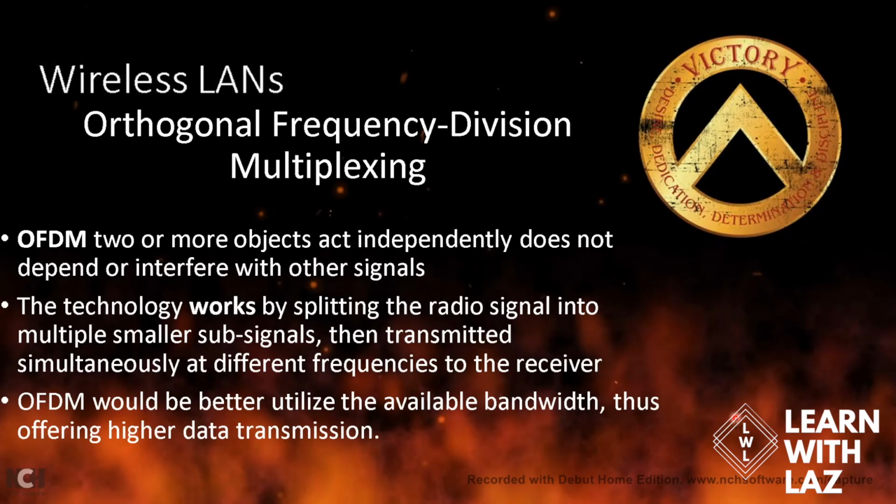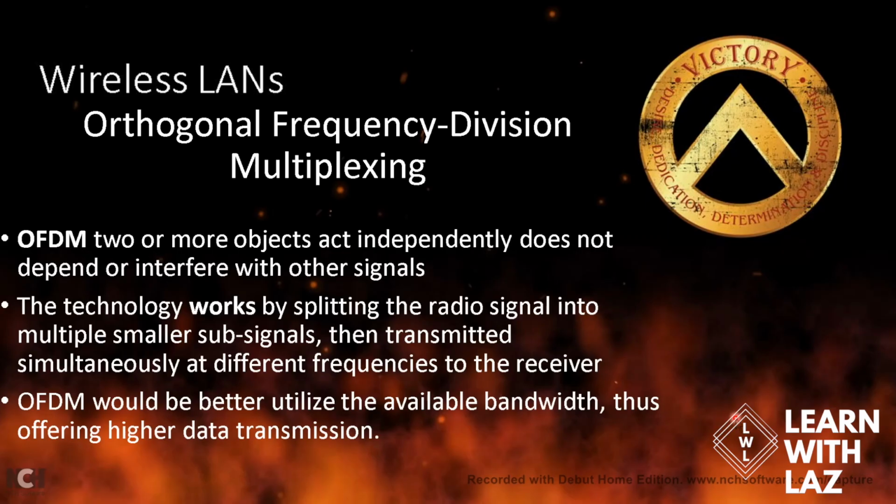It works by splitting the radio signal into multiple smaller subsignals and then transmitting them simultaneously at different frequencies to the receiver. So it creates different frequencies, and it's done again by PSK, phase shift keying. So definitely orthogonal will be the way to go, and that's the way you go now.